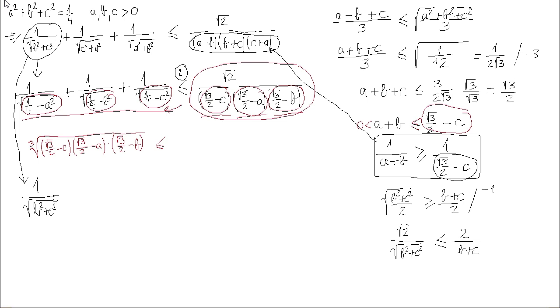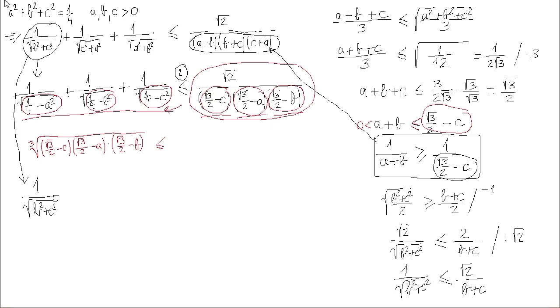And when we divide by square root of 2, we will get 1 over b squared plus c squared less than or equal, okay, square root of 2 over b plus c.